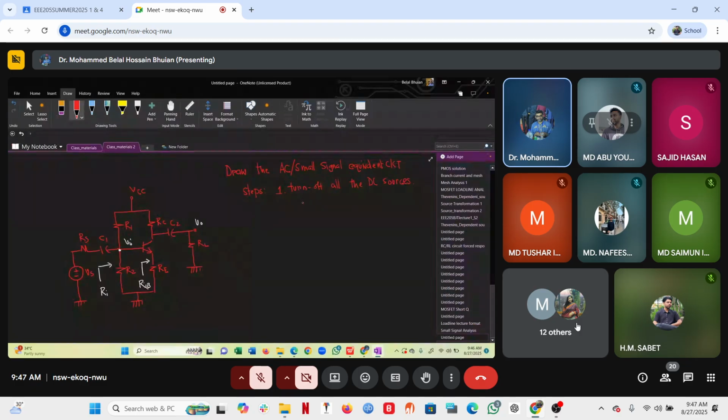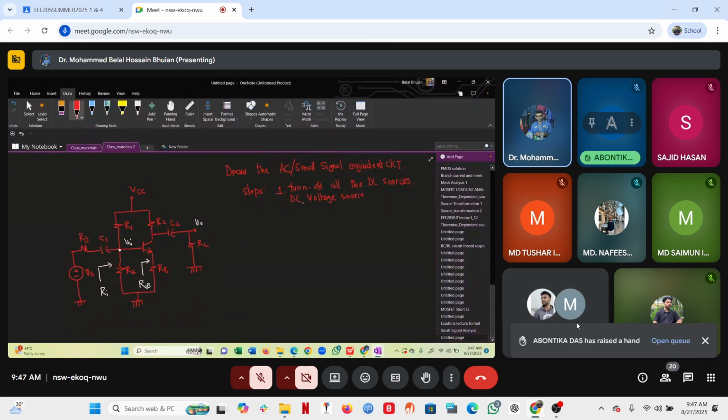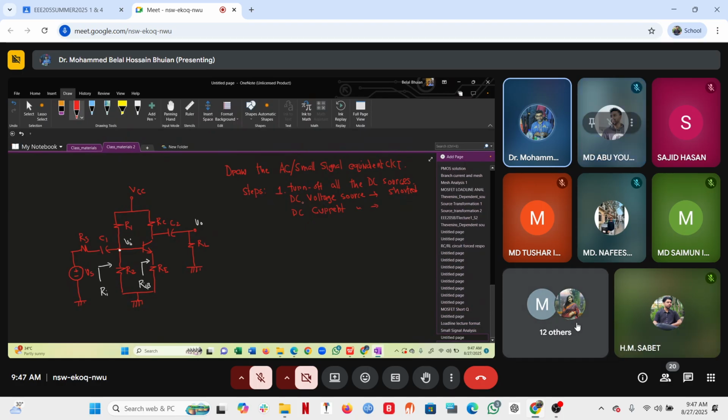In that, DC voltage source shorted and DC current source, if there is any, opened. So our step should be turn off all the DC sources.